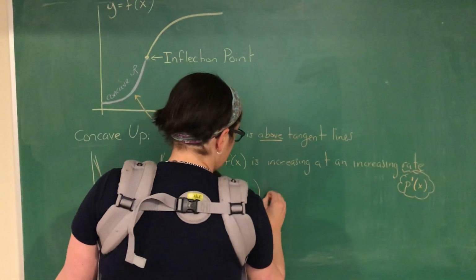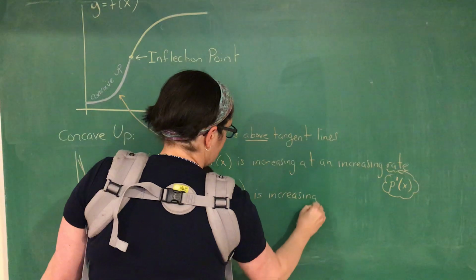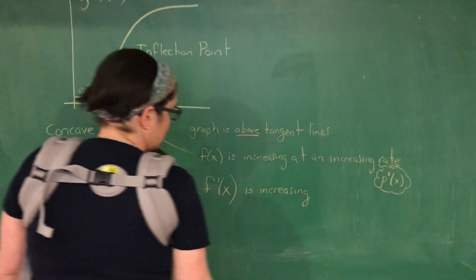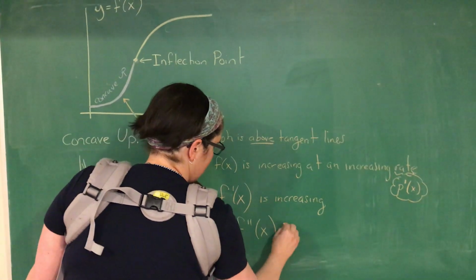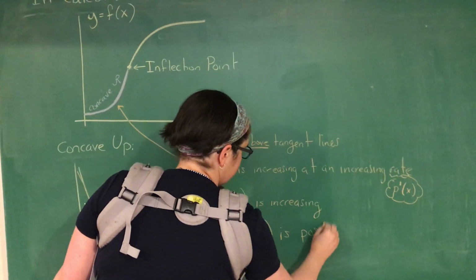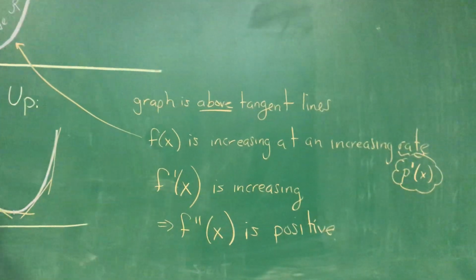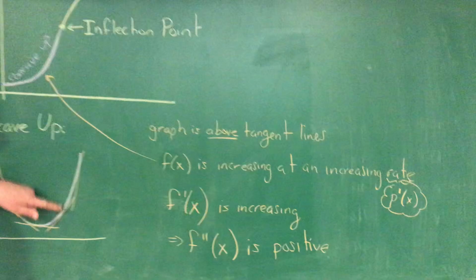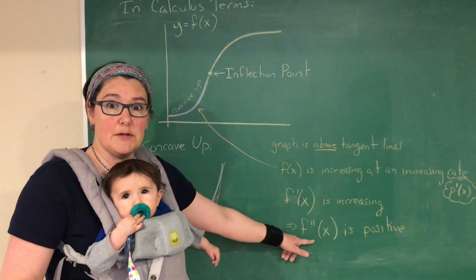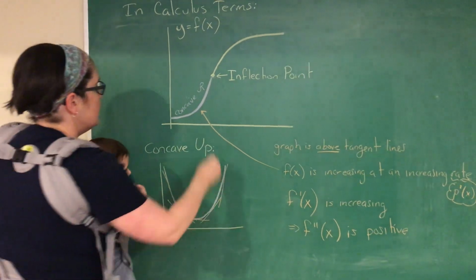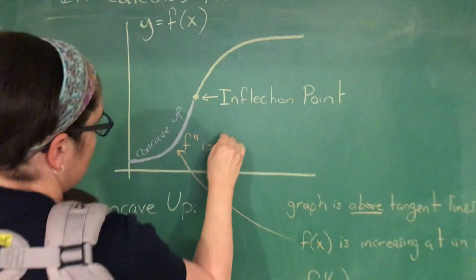So f prime is increasing because we have an increasing rate, and that tells us that f double prime is going to be positive. So any time that you have a graph that is shaped in this concave up U shape, the second derivative is always positive. So on this portion of our graph, our second derivative is positive.